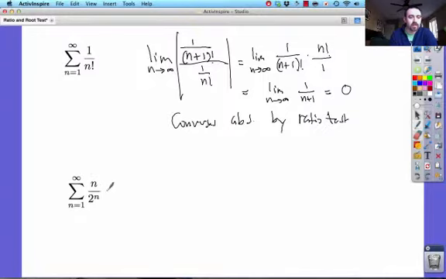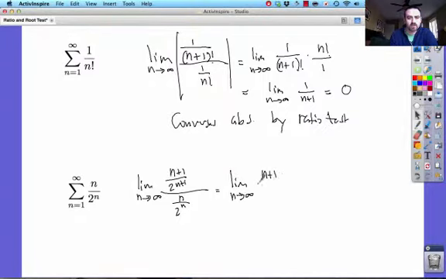So we're going to use the ratio test again. So we take the limit as n goes to infinity of the n plus 1 term divided by the nth term. We invert and multiply. You're seeing a pattern here, right?